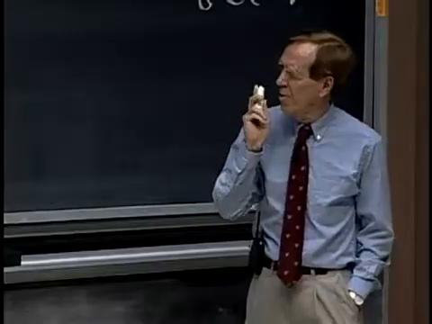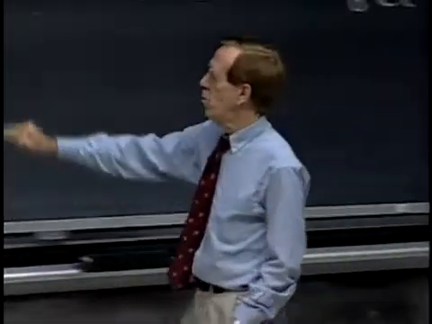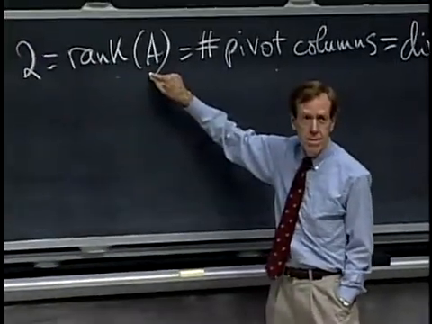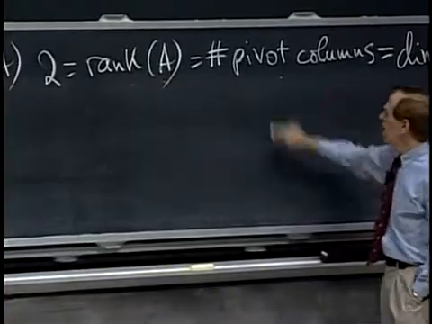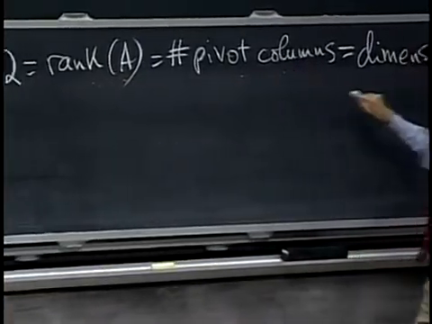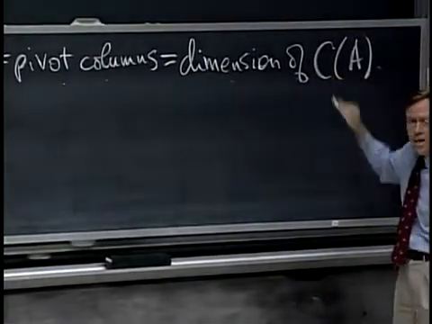Right. But look for one moment at the language, the way the English words get involved here. I take the rank of a matrix. The rank of a matrix is a number, and it's the dimension of, not the dimension of the matrix.